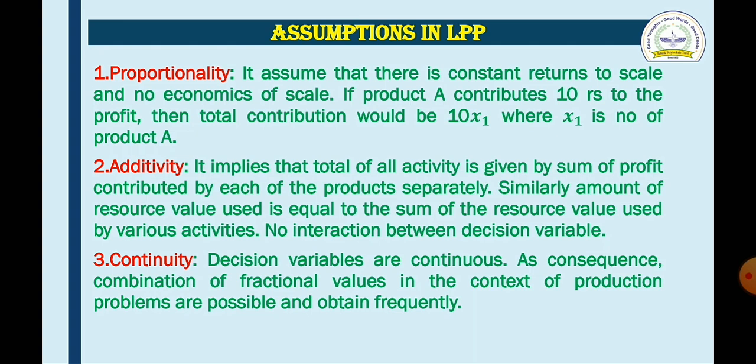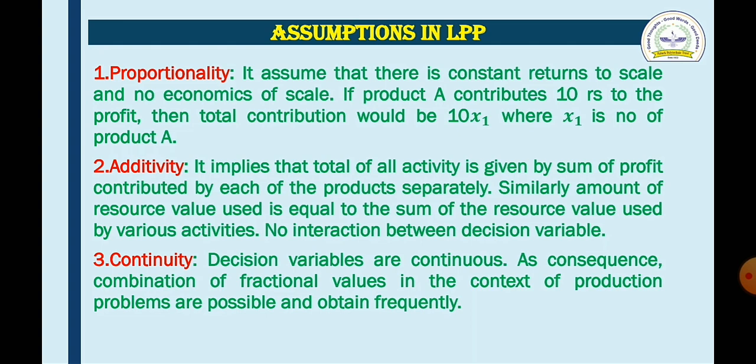But here it is not like that. Here, if 1 unit of product A contributes 10 rupees, then 10 units of product contribute 100 rupees, and 100 units contribute 1000 rupees. So no price discount here.